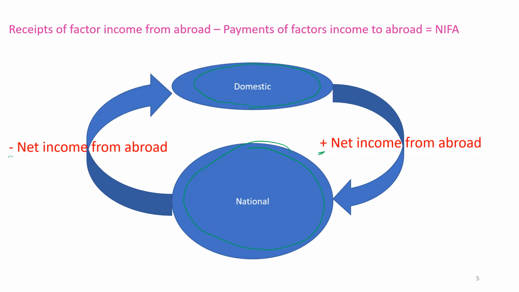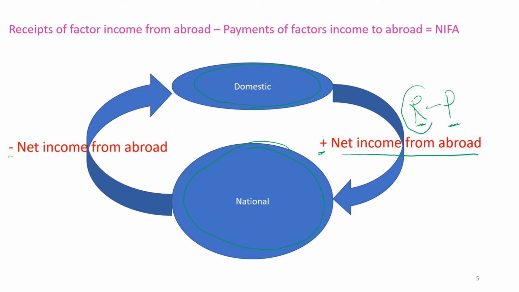First, let us understand what is net income from abroad. Net income from abroad is nothing but receipts minus payments. What does receipts minus payments mean? If the factors of production are working abroad, in the form of labor or investment, anything you are doing outside the country, and whatever the foreigners are paying, you send it to the domestic country.